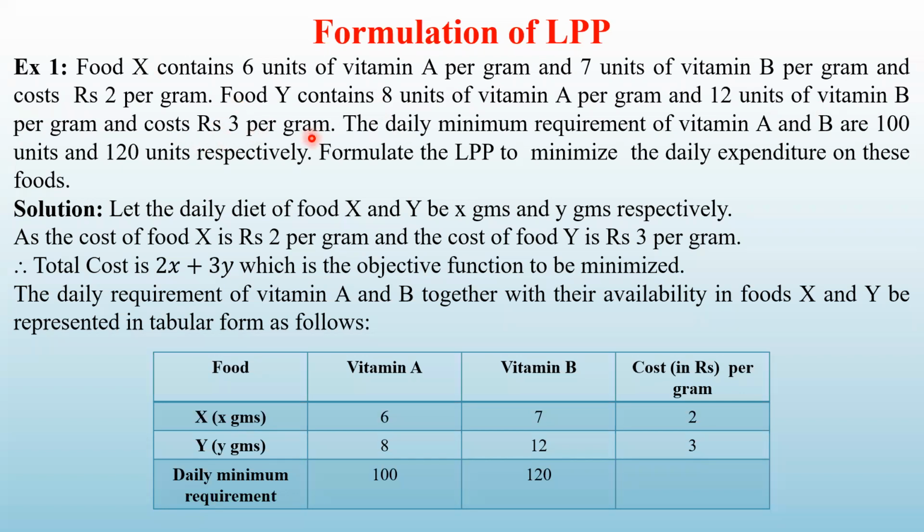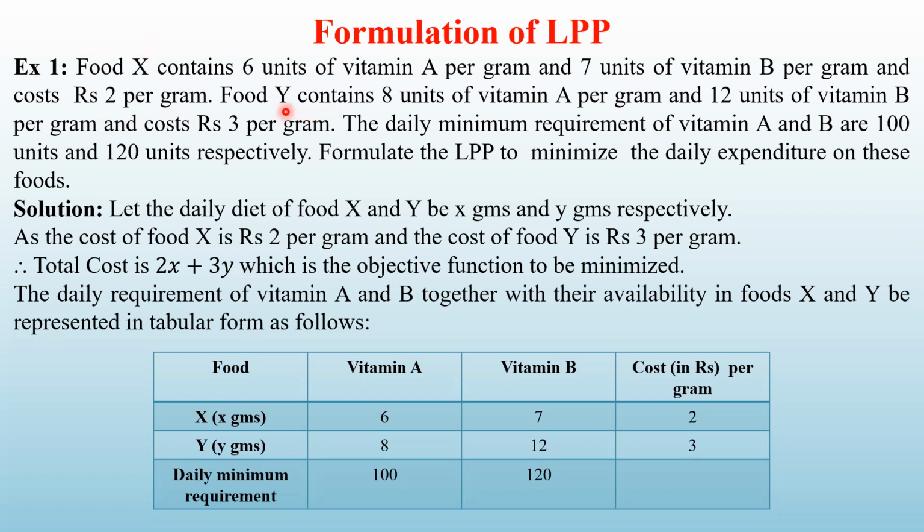So what you have understood from here to here is that there are two foods, X and Y. 1 gram of food X has 6 units of vitamin A and 7 units of vitamin B, and the cost of food X is ₹2 per gram.